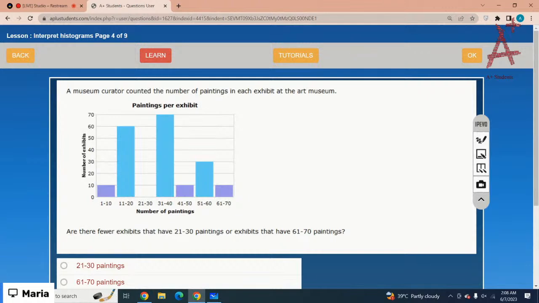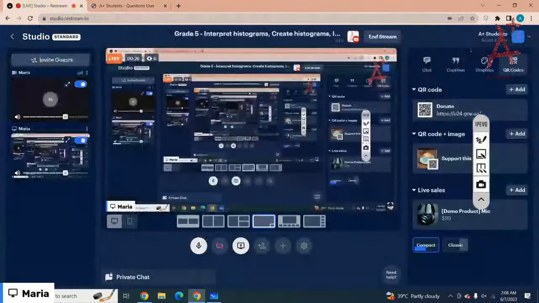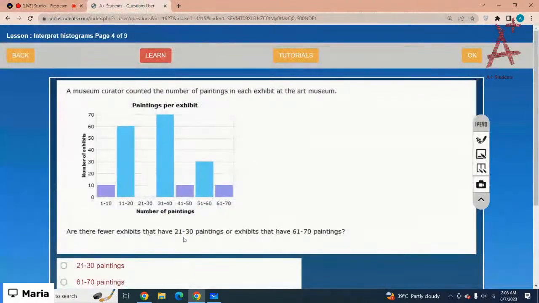So which is the correct option? For 21 to 30 you have zero exhibits. You can see no value here. That means it is just zero.